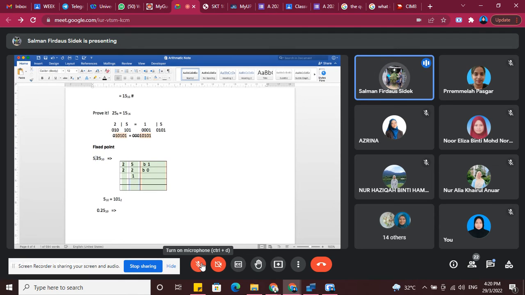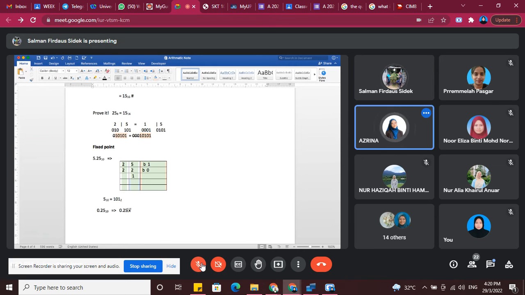Opponent for division is darab. Jadi 0.25 darab berapa? 2. Dapat berapa? 0.25 times 2? 0.5. Betul lah.